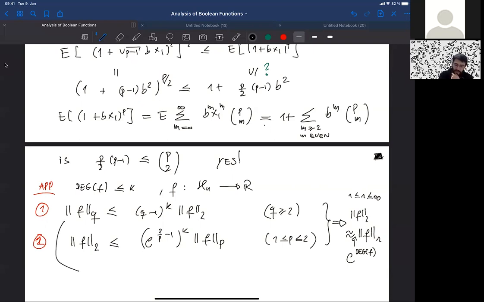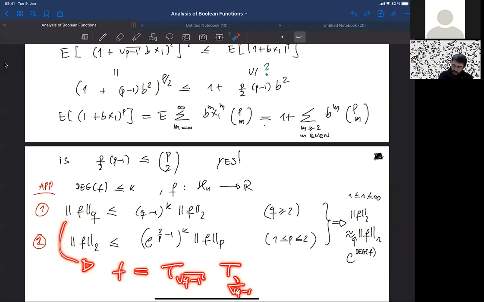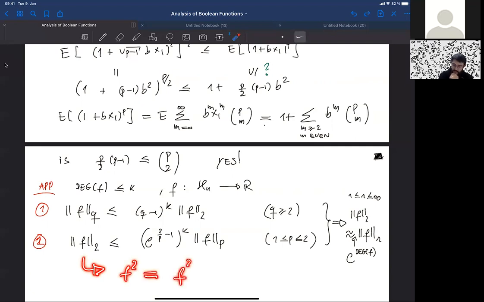So maybe I can give a hint, what's the trick here? Well, the trick here is to write f as T_{q-1} T_{1/(q-1)} applied to f, and apply hypercontractivity. And the trick here is to write f squared as some f to the 2 minus theta p, and then f to the theta p, where theta is just some number bigger than 0 and less than 1.